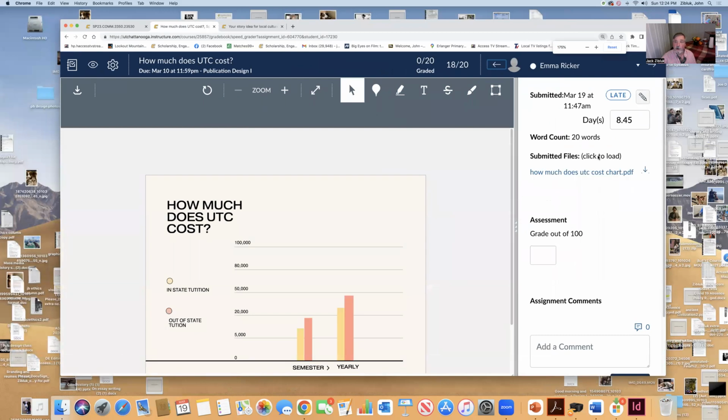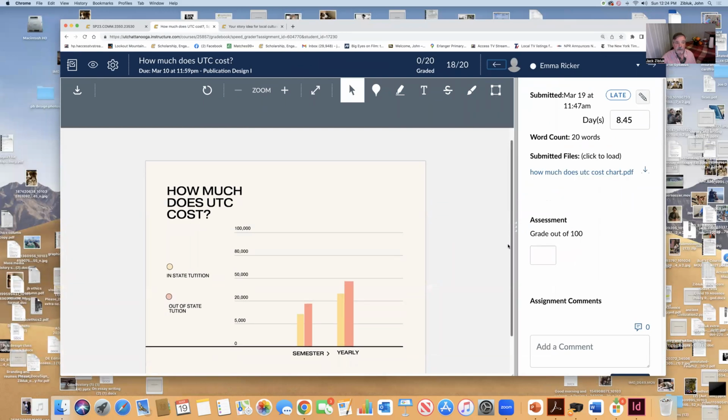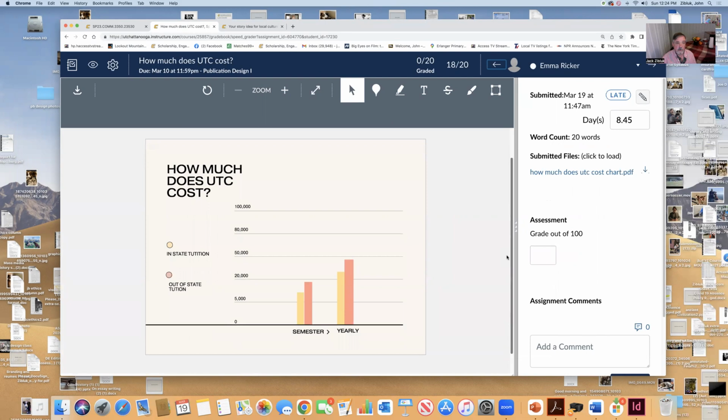Okay, here's another way of looking at it. And semester per year, is that for this year? Not sure. So it's interesting to me that it looks like if you pay by year, you're saving money.